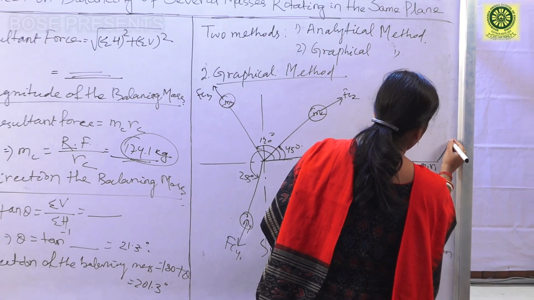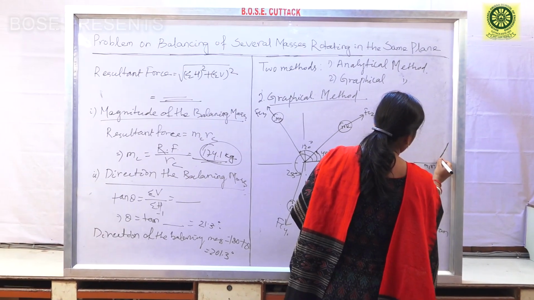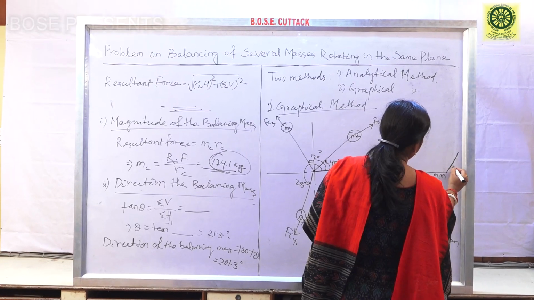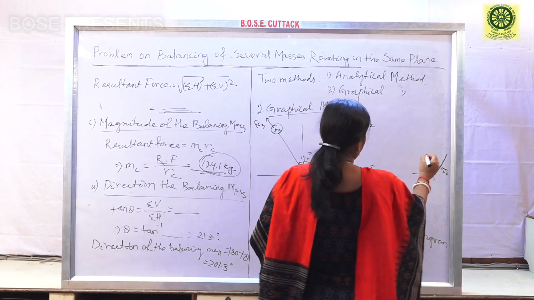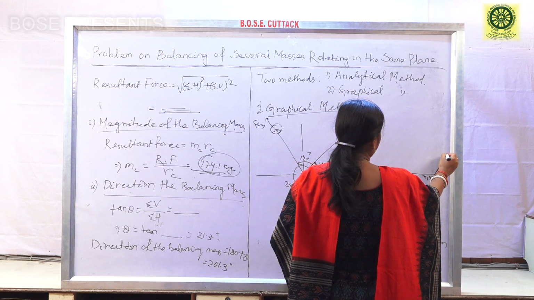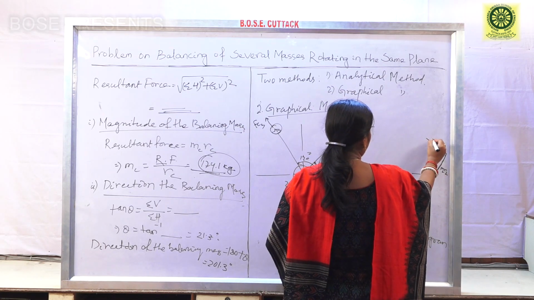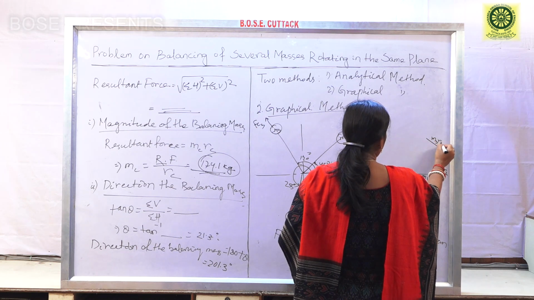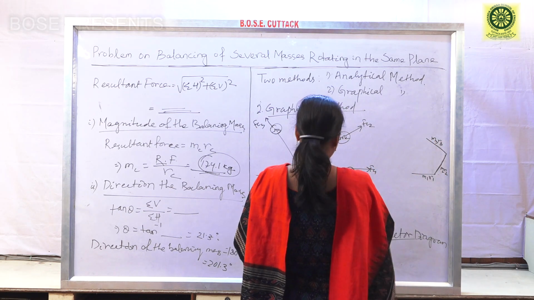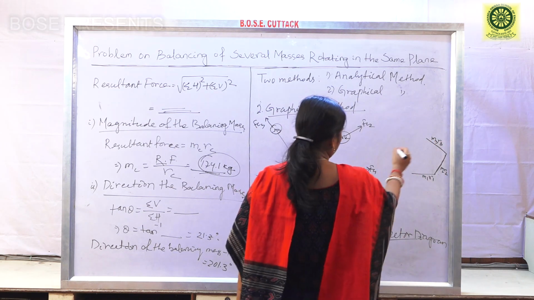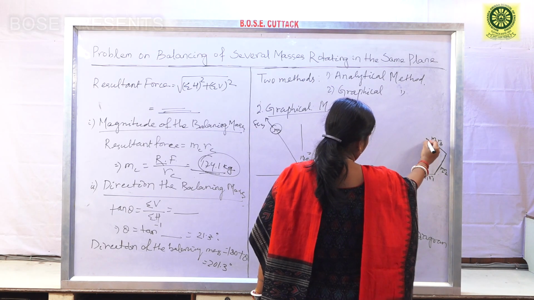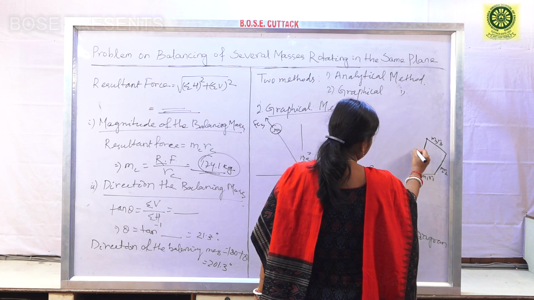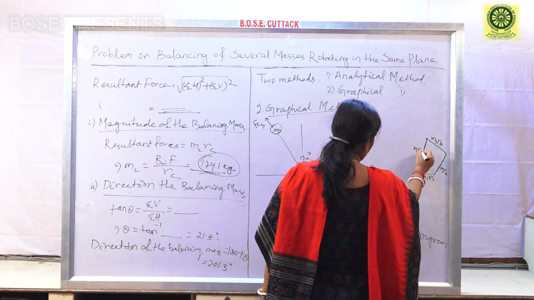This value is M2 R2. Then this is M3 R3, and in this direction, this is M4 R4.